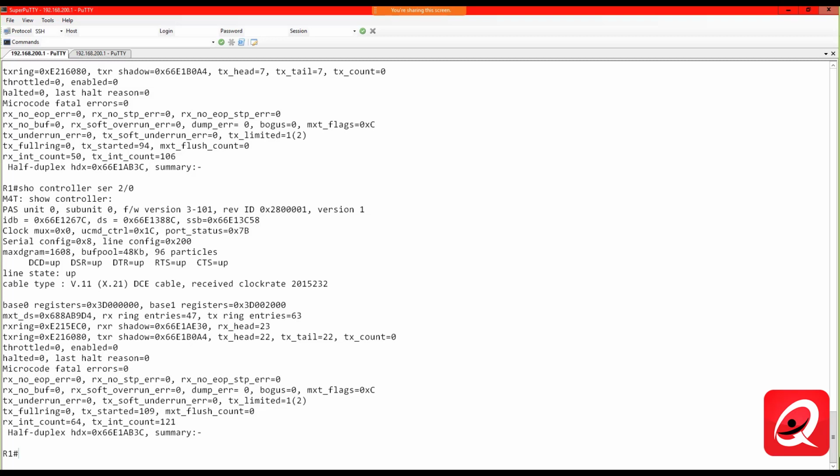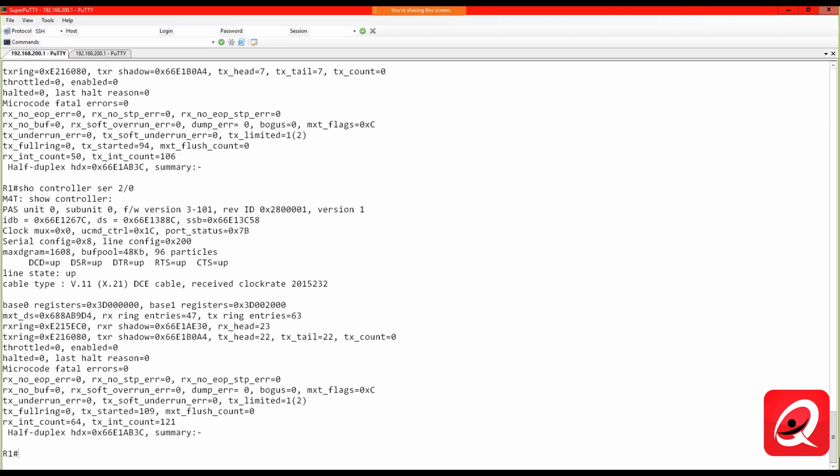So the Cisco HDLC frame contains an actual field for identifying what the network layer protocol is that's being encapsulated inside of HDLC. All right. So we have an address field, we have a control field, and then we have a protocol code field, which is what makes Cisco HDLC unique. And then we have our data, and then we have our frame check sequence. So that's what we're dealing with.